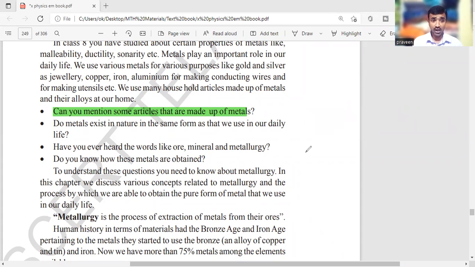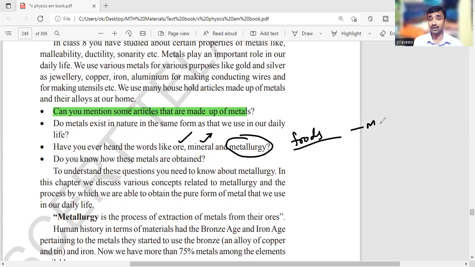Then here, have you heard words like ore, mineral, and metallurgy? Maybe you have not heard about metallurgy, but you may have heard about ore and mineral. Mineral you may hear in your biology lessons, about food, or components of food, right?